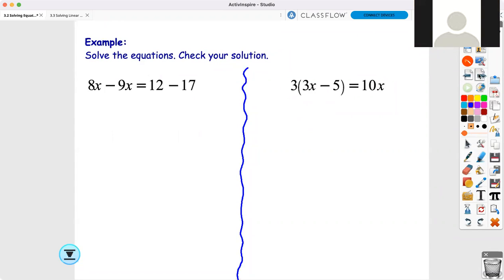An example. I'm going to give you guys about a minute to set this up in your notebook.